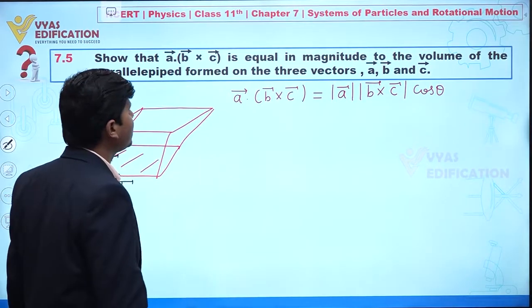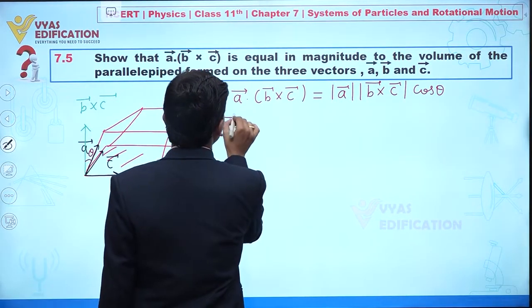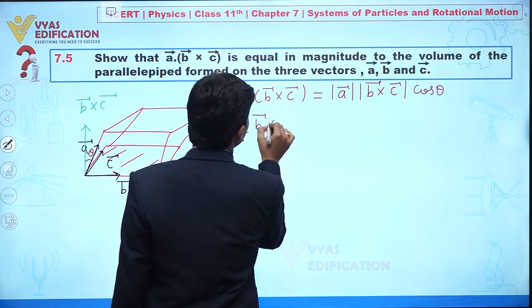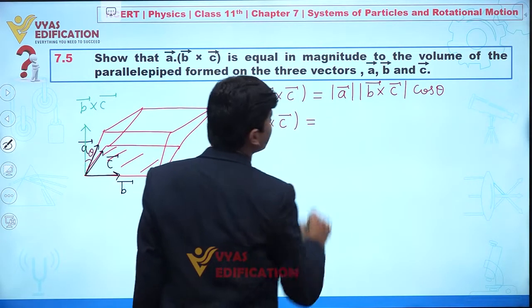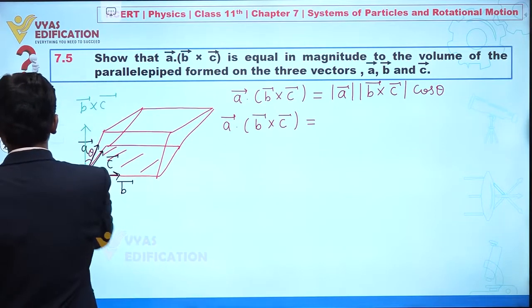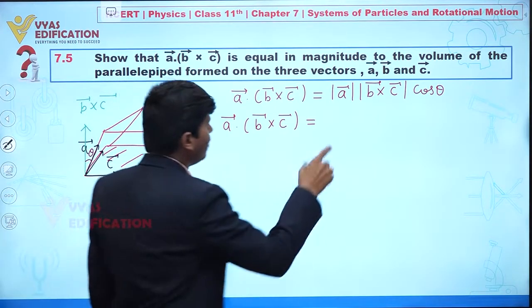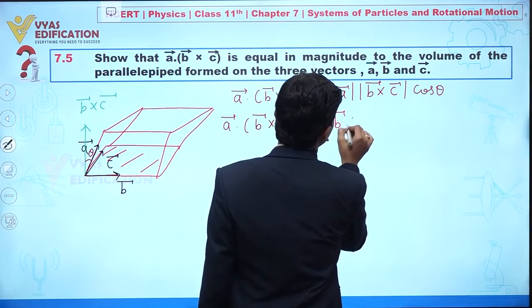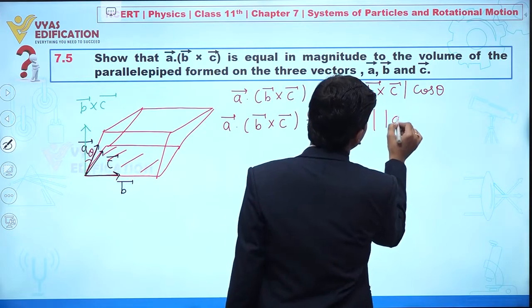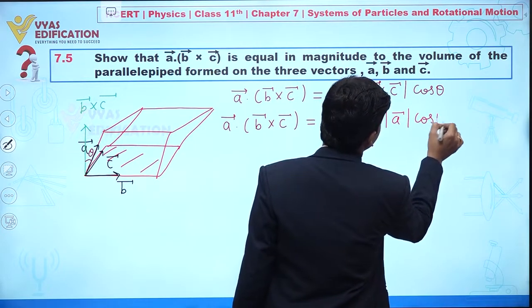Clear? So from here we can also write A dot B cross C should be equal to magnitude of B cross C, and magnitude of A cos of theta.